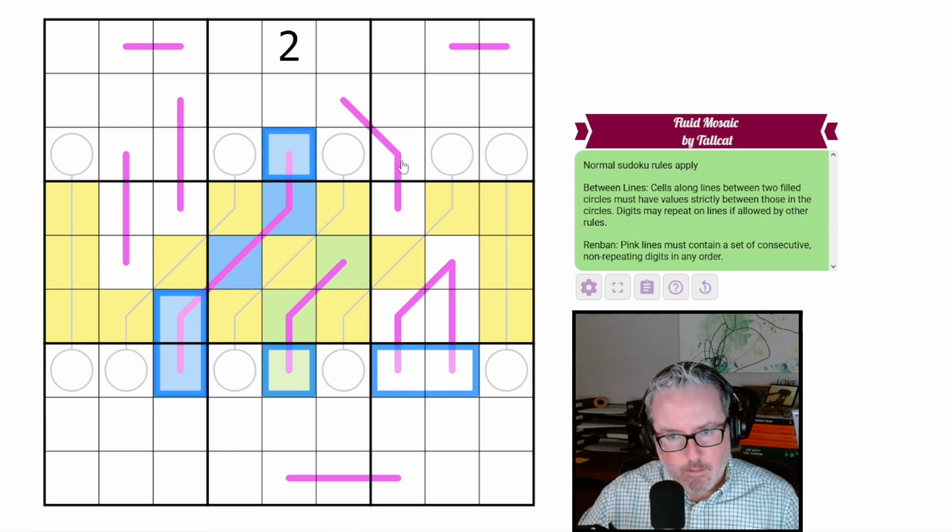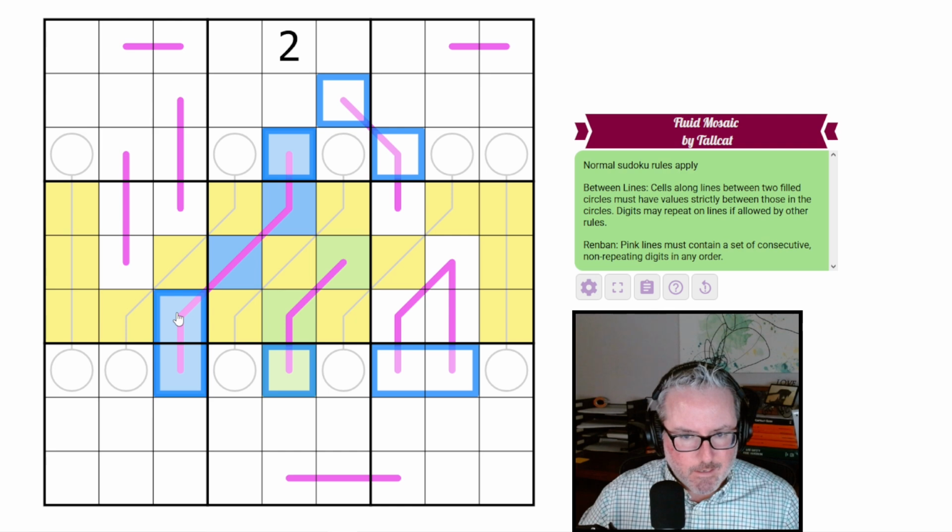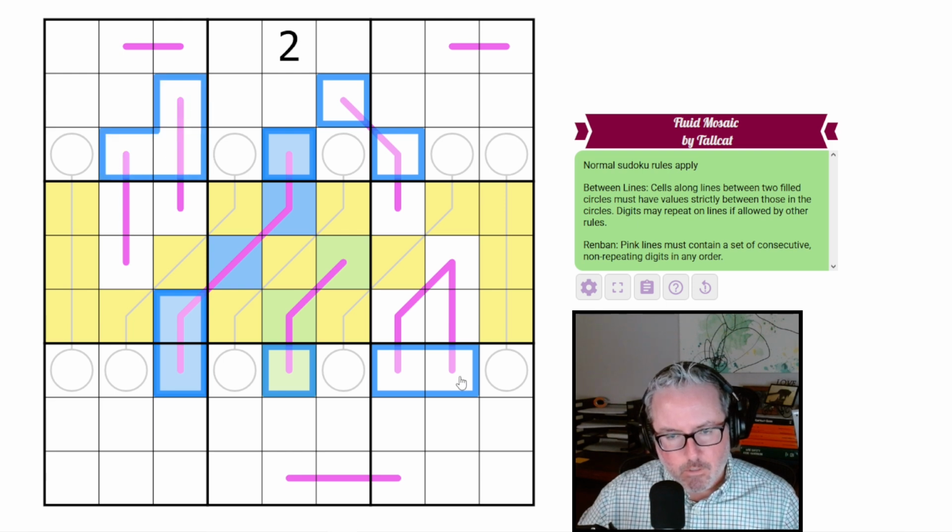Same goes with these guys, because either this is a 1 or a 9, or these are a 1 or a 9. If that's the case, one of them has a 1, one of them has a 9, and these are not 1s or 9s.